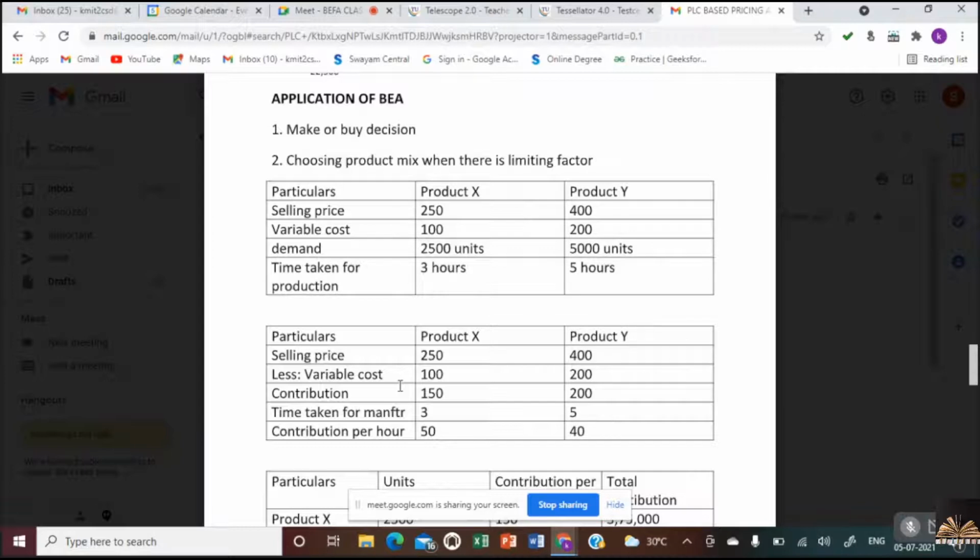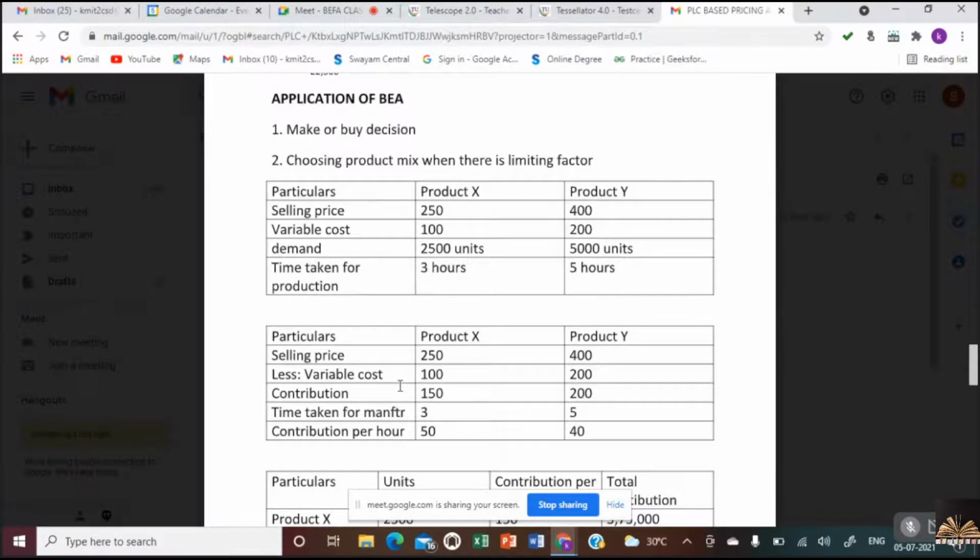Normally, till contribution you know, isn't it? What is the formula to calculate contribution? Selling price minus variable cost. That is the normal calculation of contribution. But here, as machine hours is the limiting factor, we have to calculate contribution based on machine hours.